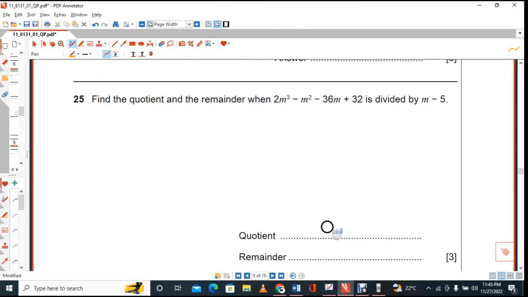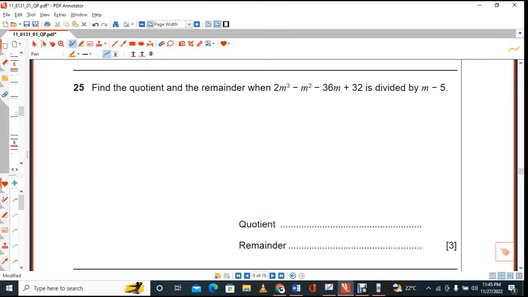Right. This is a question that deals with long division or synthetic division. It's totally up to you which method you prefer to use. Well, if you use synthetic division, you'll have to find the value of m. In this particular case, m is equal to 5. Right.